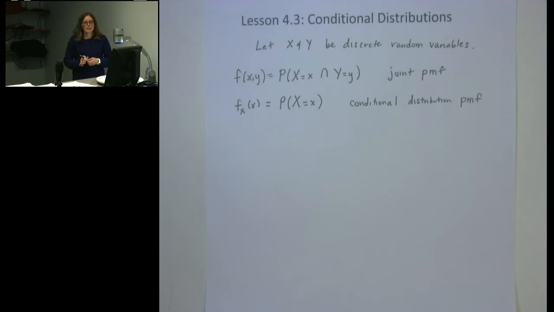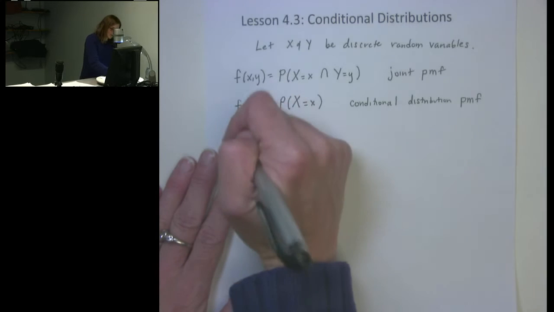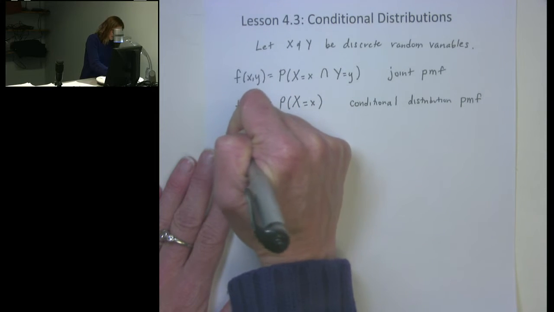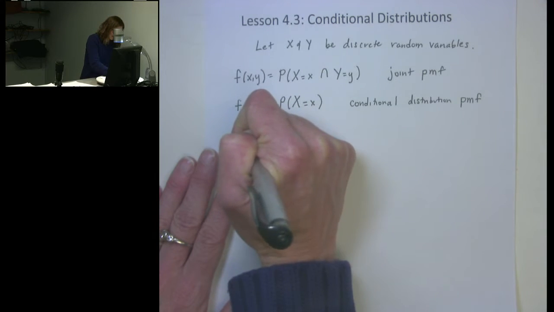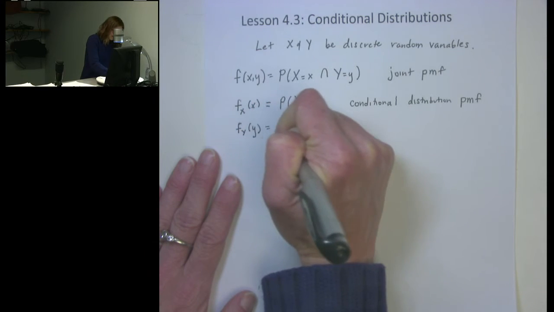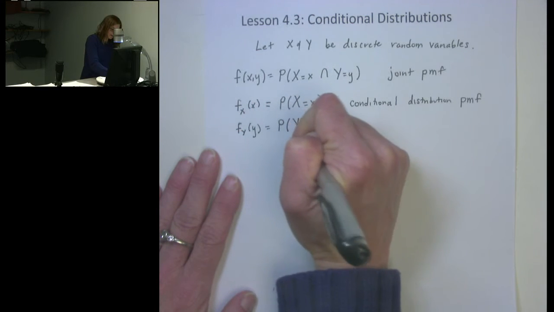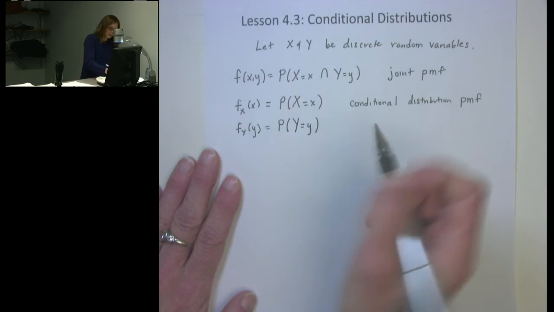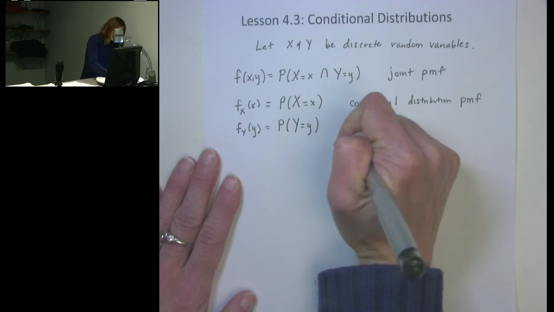And really what it does is it tells us if we weren't thinking about y at all, what would be the value that x would take on each of the values in its support. We talked about marginal distribution can also be found for y, little f sub y of y. That tells us the probability that y takes on a particular value. This time if we're not thinking about x at all.